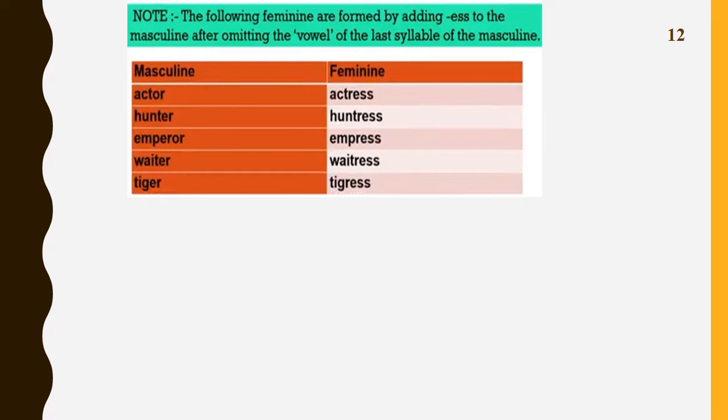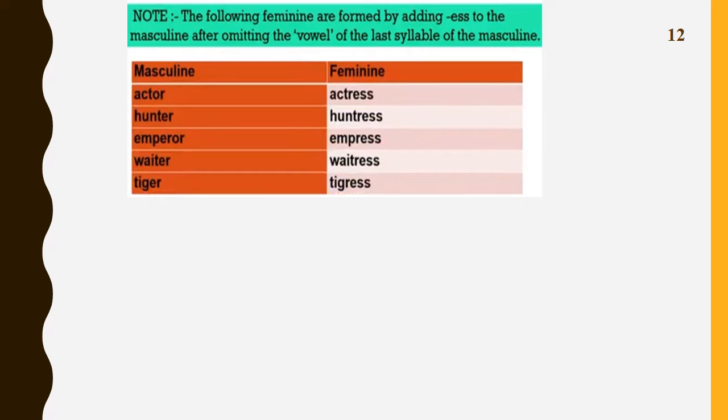The following feminines are formed by adding ess to the masculine after omitting the vowel of the last syllable of the masculine. Here there is some omission to form the feminine, like actor into actress. What is the difference in actress? We have removed the O from the masculine.